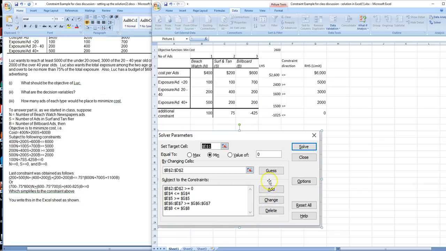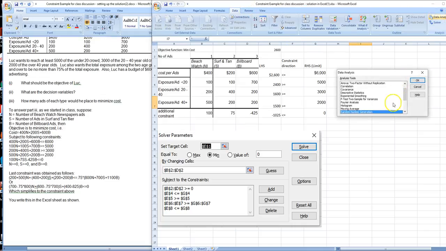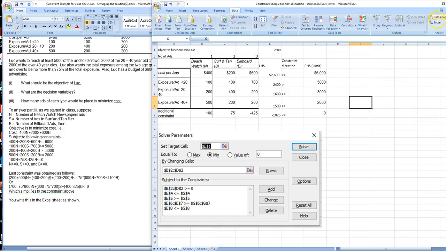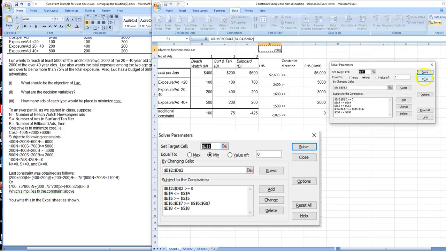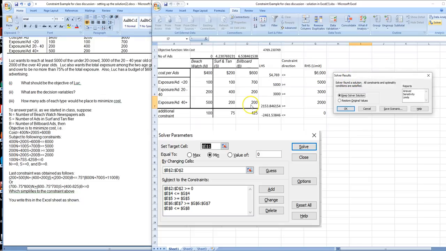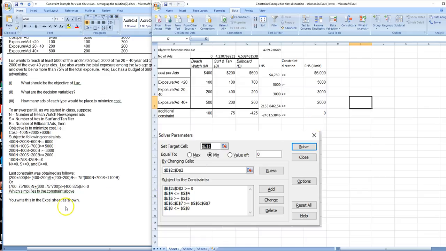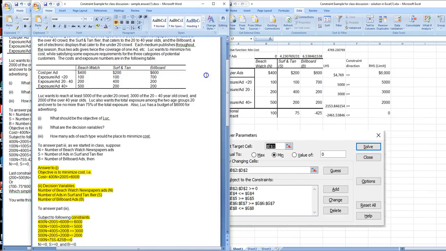So we'll stop there. And if you wanted to keep the constraints, you can say data analysis, solver, and solve, and these are your answers. So we say keep.